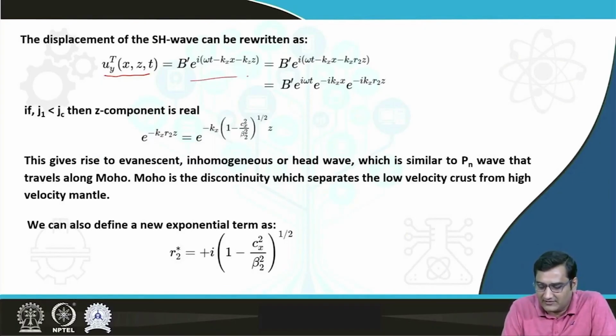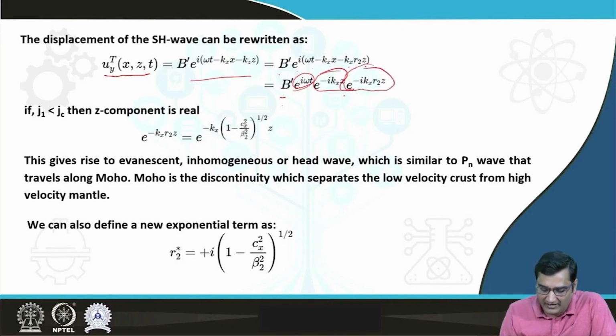You will get B' e to the power iota (ωt − kx x − kx r2 z). And then if you decompose all the exponentials, you will see B' e to the power iota ωt, e to the power minus iota kx x, and e to the power minus iota kx r2 z.